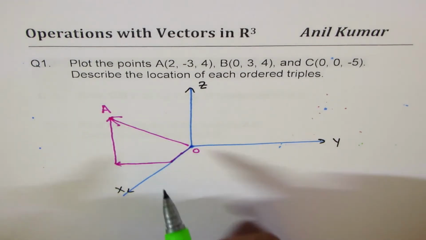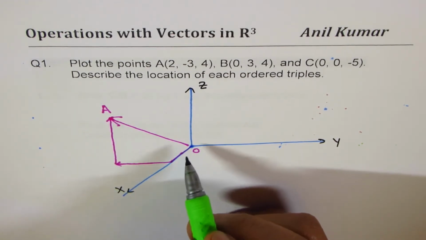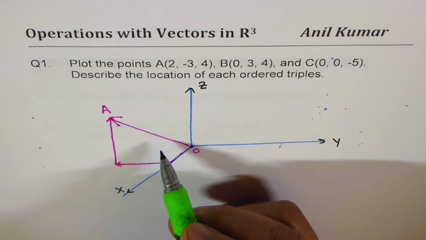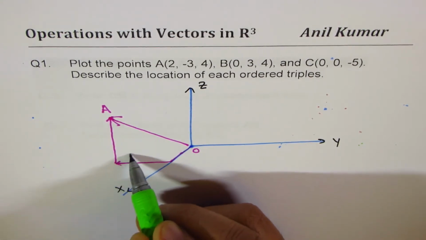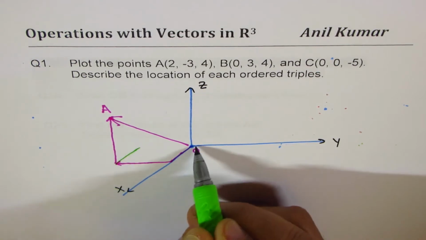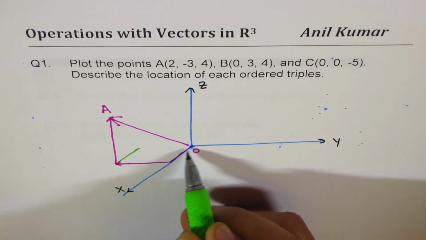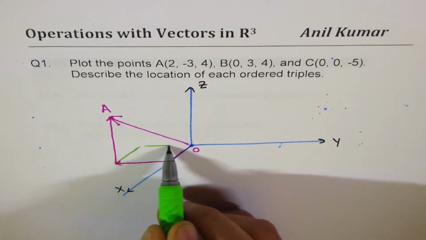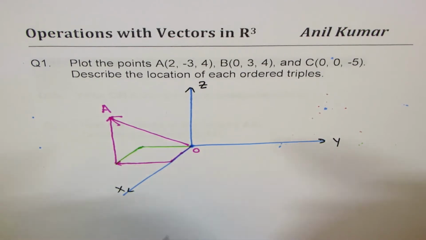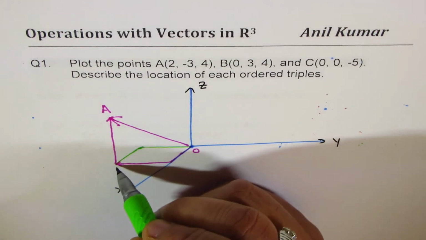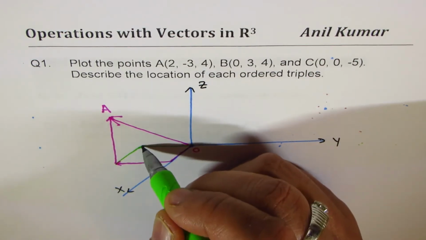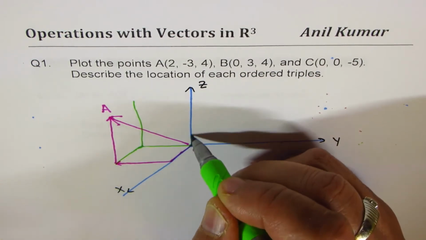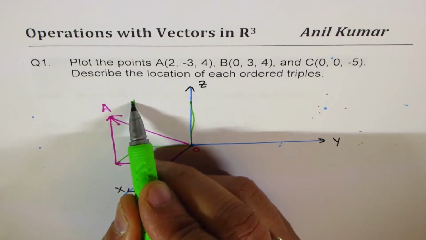Now, this could actually be made by showing you a parallelepiped. So that made the base. This is the base for us, in the XY plane. Now we went up from here by 4 units. So all these points could go up by 4 units, like this.